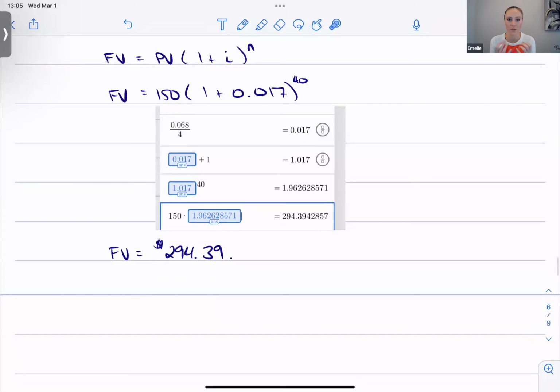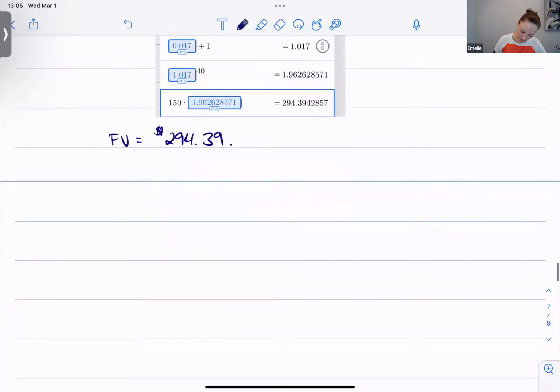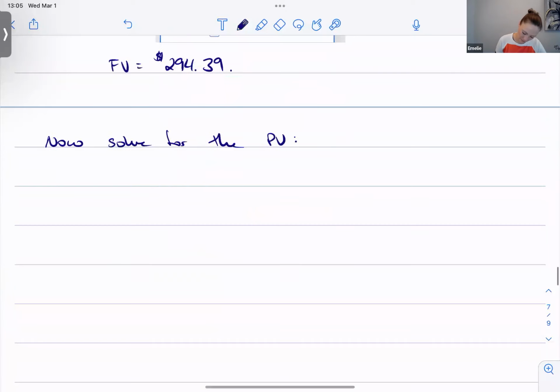So that's how we use this formula to solve for the future value. How about the present value? And so now let's solve for the present value. We have the future value is the present value times 1 plus I to the power of n.